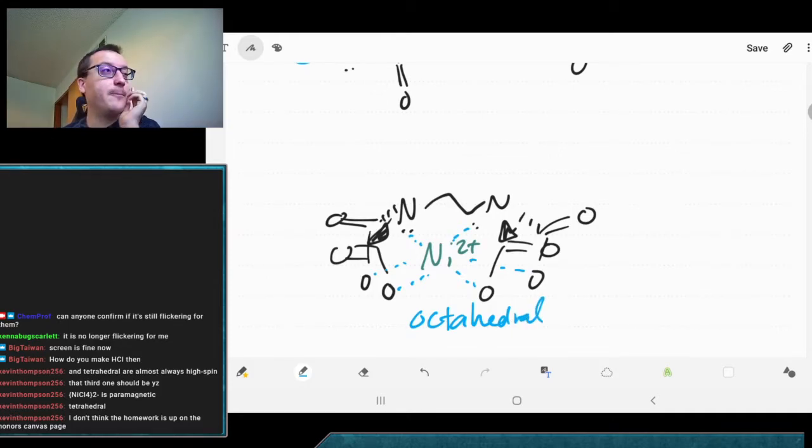So this EDTA can completely bind up all of the octahedral sites on this nickel. Most metals will behave the same way with EDTA. So it is a chelating agent or a sequestering agent that you can use to block off a metal from being able to react.